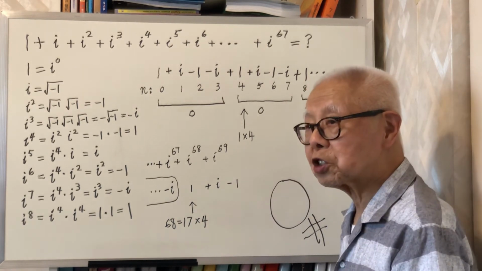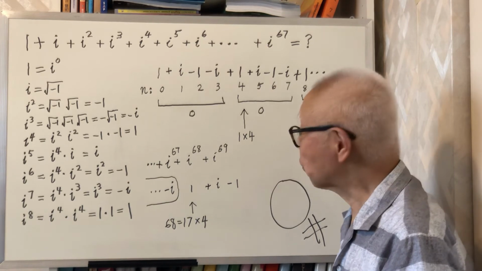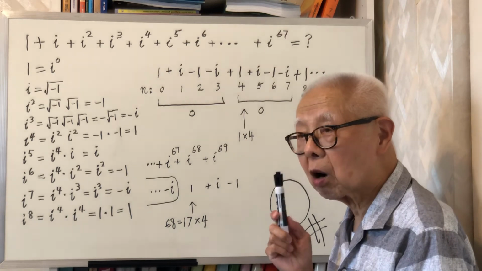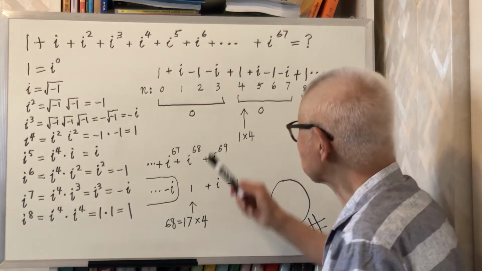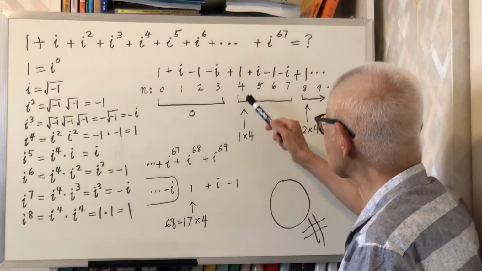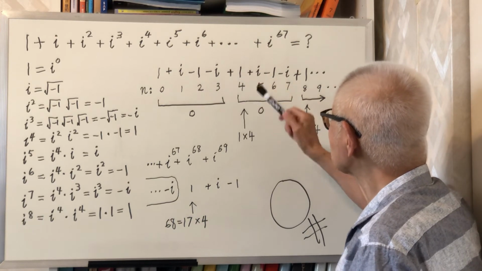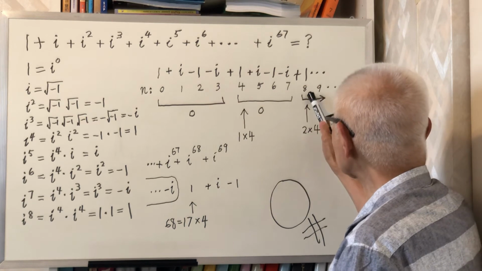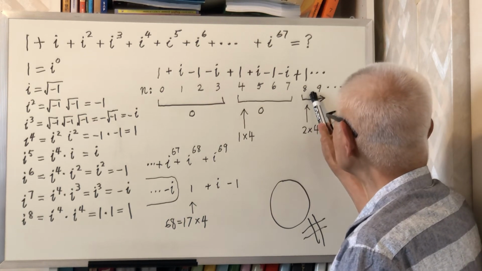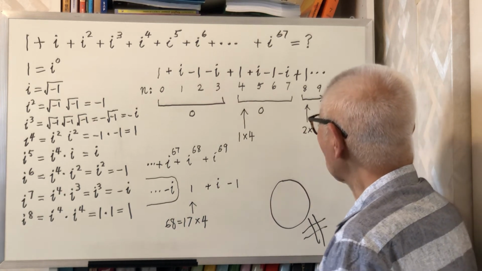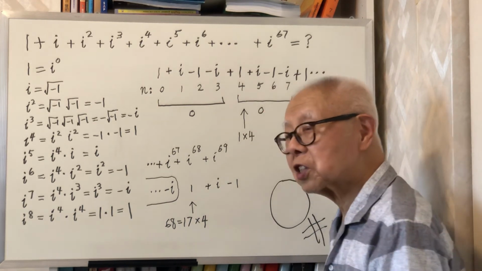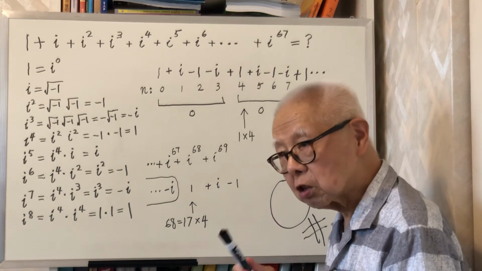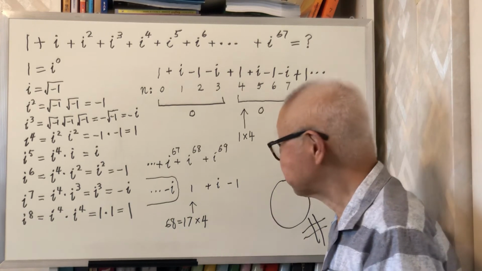So you see the pattern that if the power is a multiple of 4, the answer is 1. When n is 8, the value is 1. So when n is a multiple of 4, the value of that term is 1.